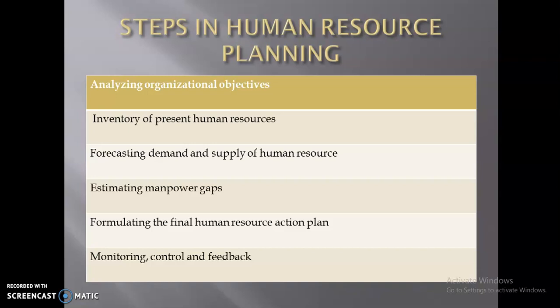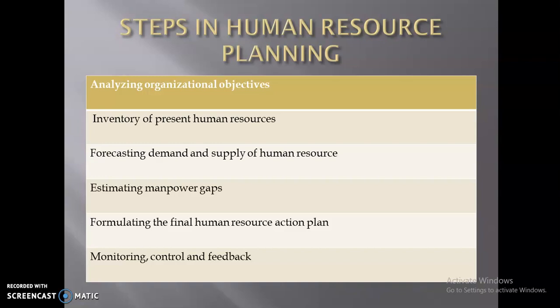Now, if I know the objectives of the organization in the various fields such as production, marketing, finance, expansion and sales, it gives me an idea of how many employees are needed in an organization. Are the current employees sufficient? So firstly, I will analyze the organizational objectives of the various departments.